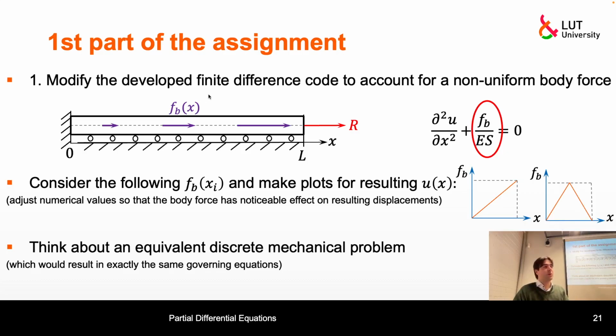Second, what if it has this kind of hat shape? So it's zero at both ends and maximum in the middle, and changes linearly between those points. Of course, first it's better to consider a constant uniform body force, a more obvious step. I did not put it here. I assume that you do that first, and then I want you to consider this body force changing.